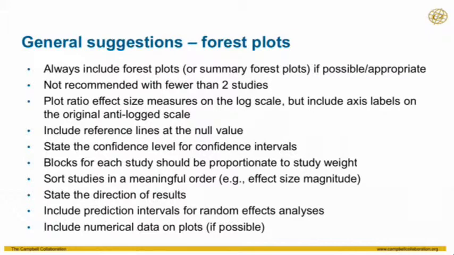For traditional forest plots, remember to always have those blocks proportionate to study weight. Again, please sort your studies in a meaningful order. Don't just use the default author alphabetical order. Try to think about what will be useful for your readers to see. State the direction of your effect sizes. Include prediction intervals for random effects analyses if possible. And include numerical data on your plots if possible.